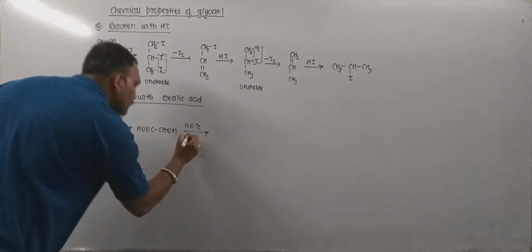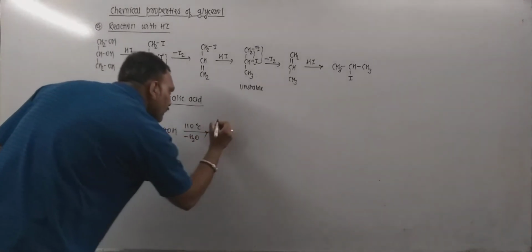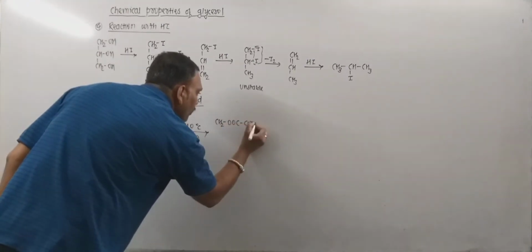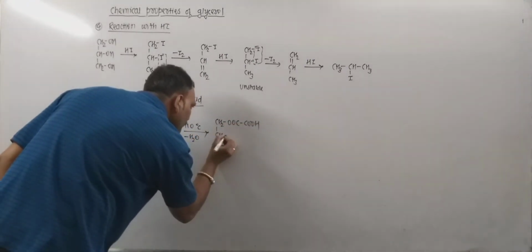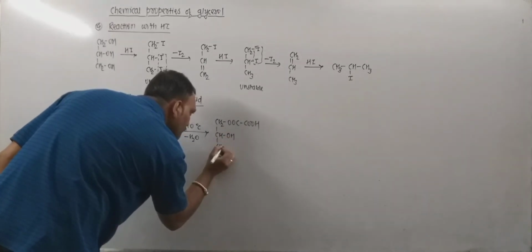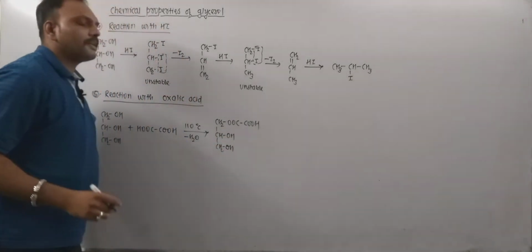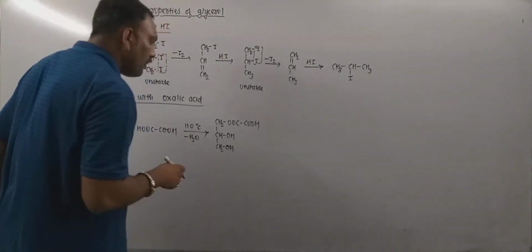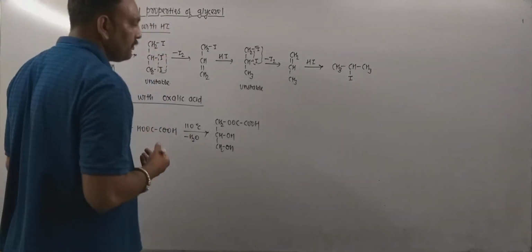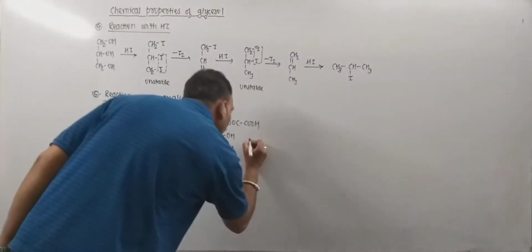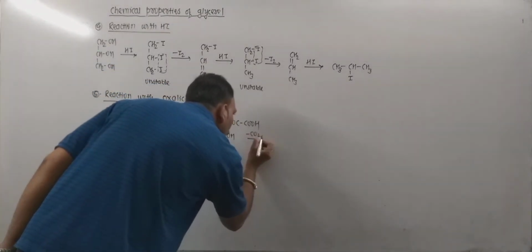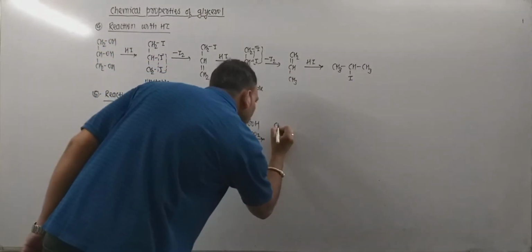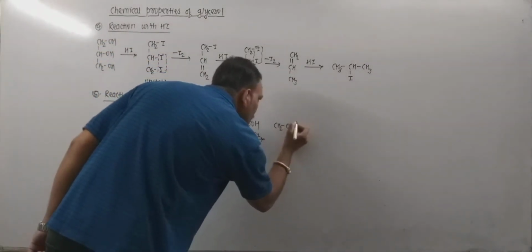esterification takes place, which leads to the formation of a product that can be given as this. Remember, this is glycerol monooxalate. Now glycerol monooxalate upon heating loses CO2. Due to loss of CO2 we get this.